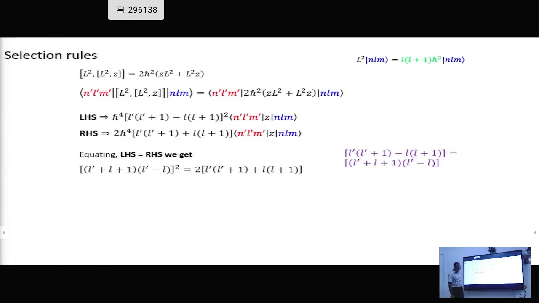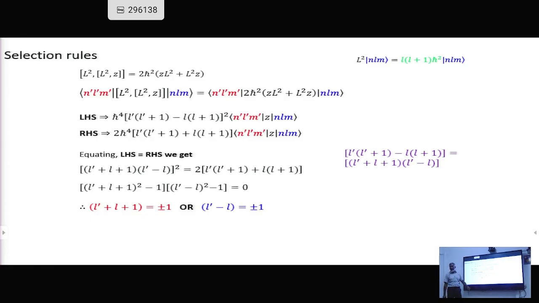These two, I don't want to go into right now because it's a literally long way, but assume that they are true. So now if you combine both sides, we get these two expressions. And you can simplify it by using this particular formula. You simplify it, and then you find that you get these two terms: either L prime plus L plus 1 equal to plus or minus 1, or L prime minus L is plus or minus 1. And those are the two things you get, because of the square, right?